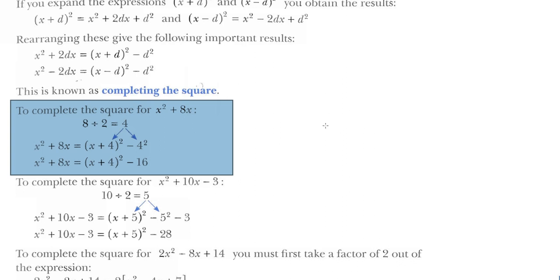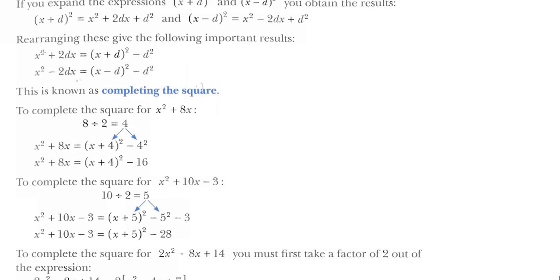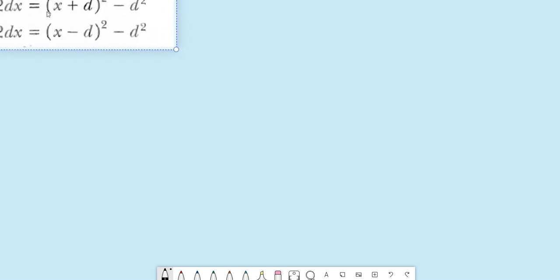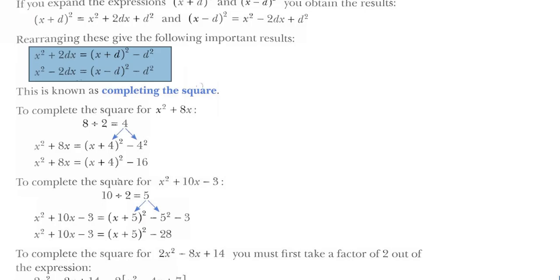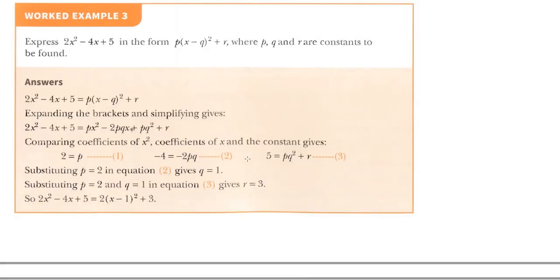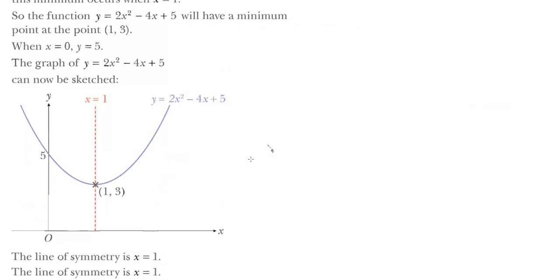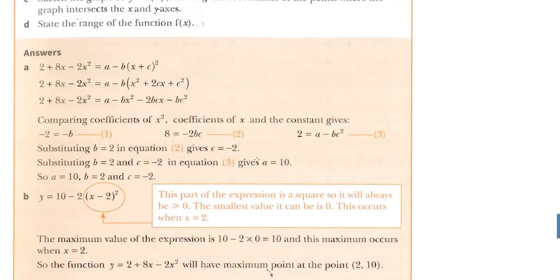Now I am starting the question. First I want to copy this. These two relations are very important for question number 2, exercise 2.2. So I am enlarging these two results, and now I am going towards question number 2 of exercise 2.2 directly.